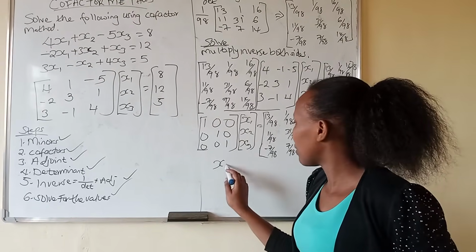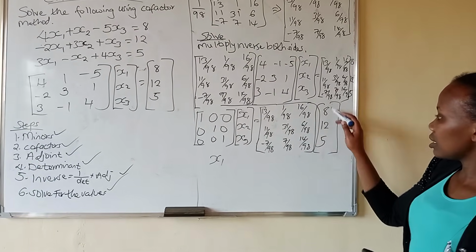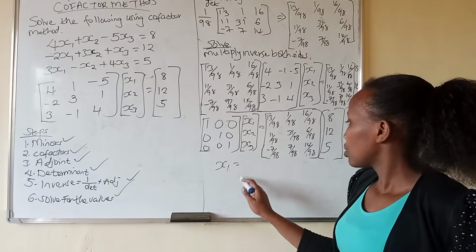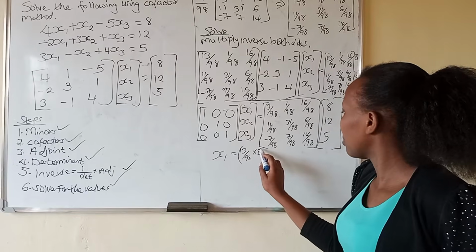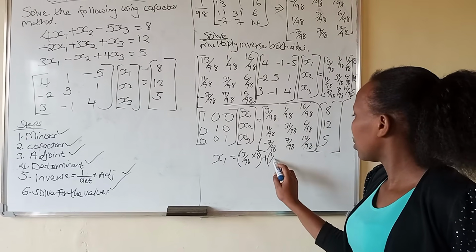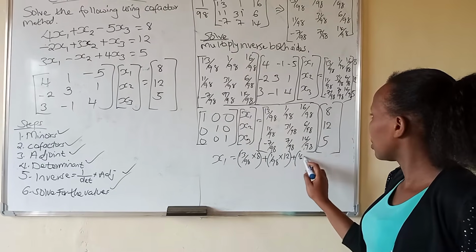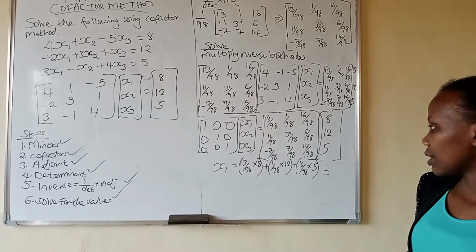So to get the value of x1, you multiply row 1 with the column that you have. In that case, x1 will be 13 over 98 multiplied by 8, plus 1 over 98 multiplied by 12, plus 16 over 98 multiplied by 5.